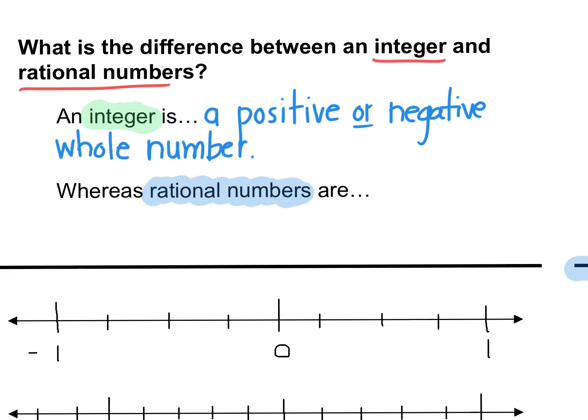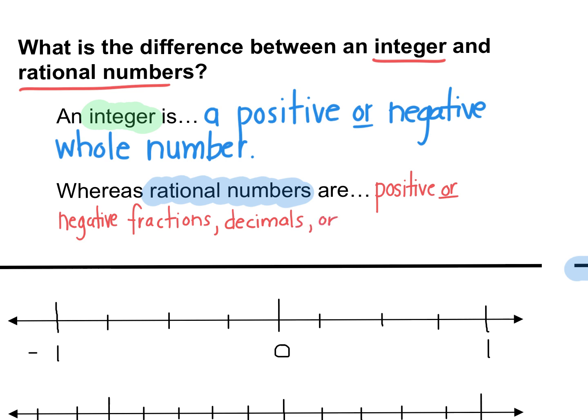Whereas rational numbers are positive or negative fractions, decimals, or mixed numbers.